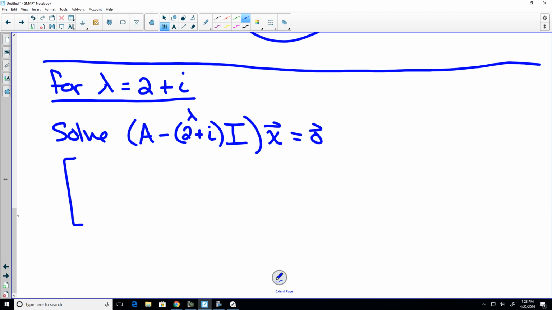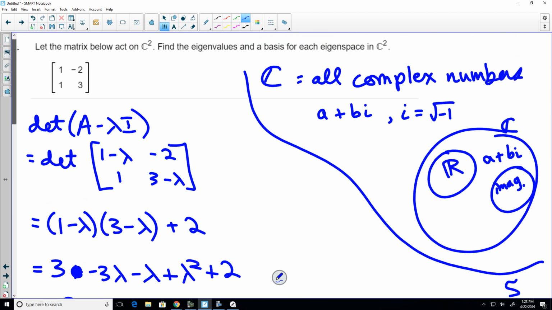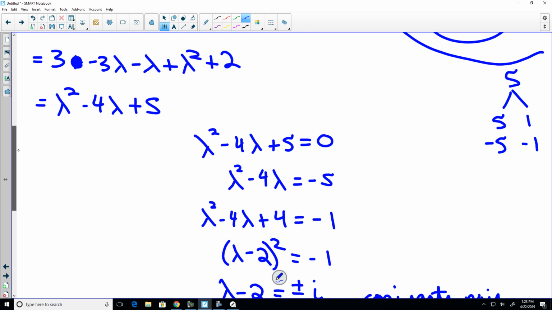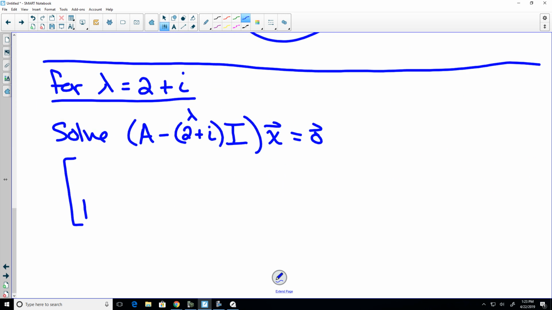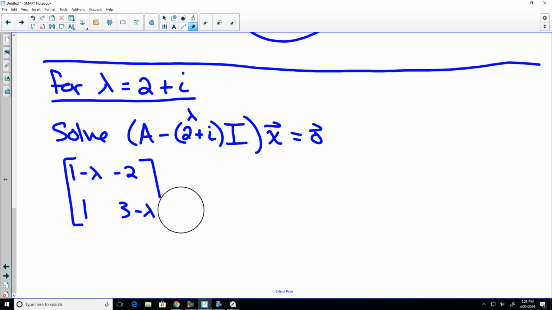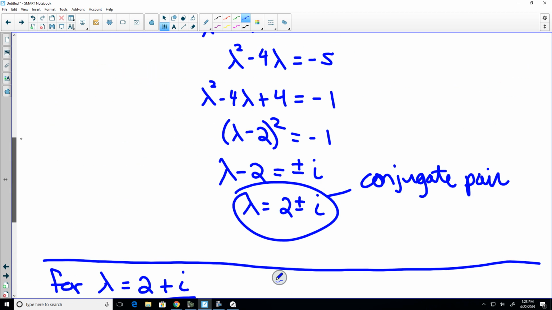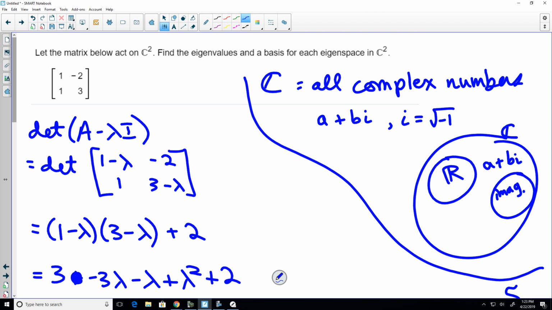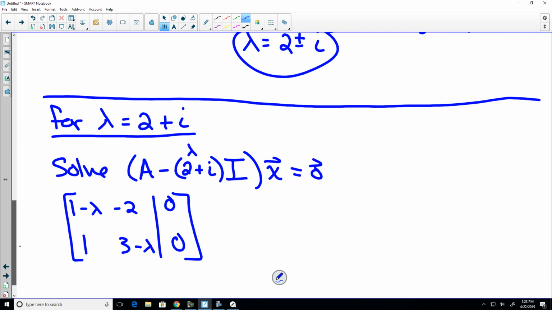So A is 1, 1, negative 2, 3. So 1 minus lambda, 3 minus lambda. And let me go ahead and augment. Right. Just subtracting lambda from the main diagonal.